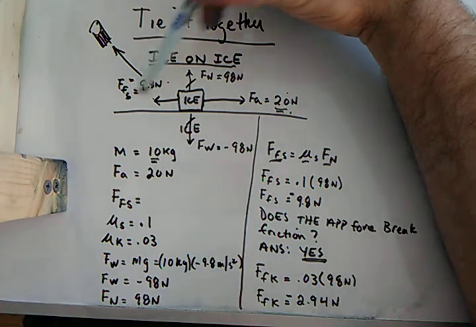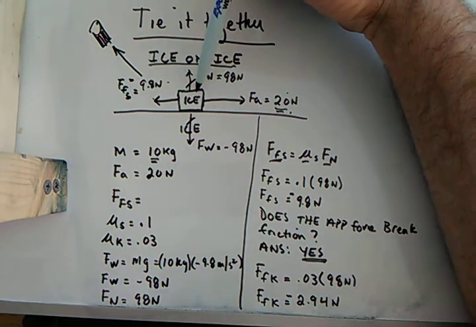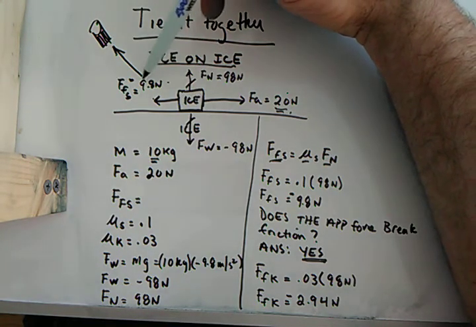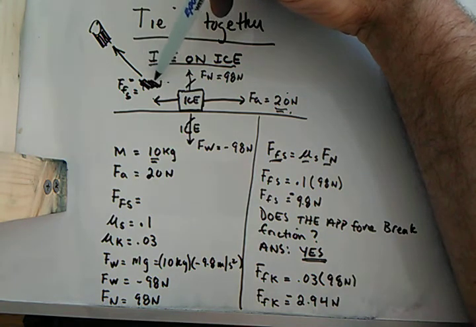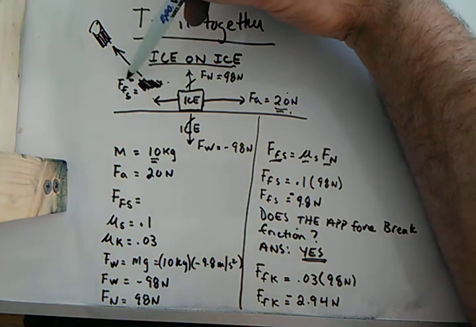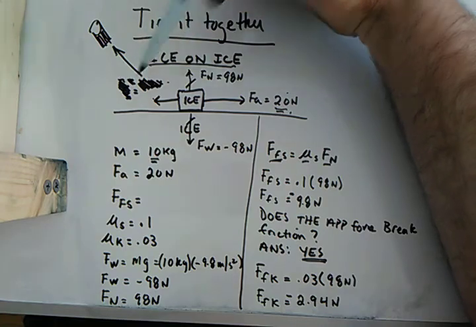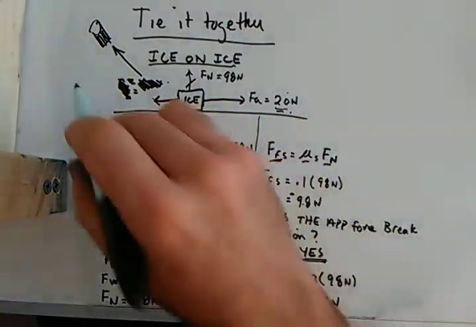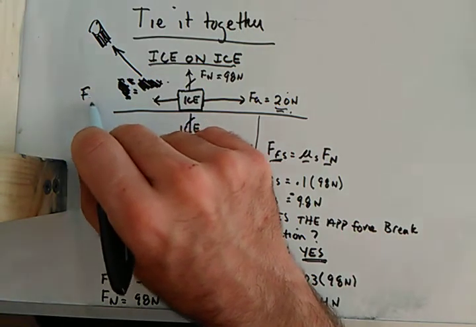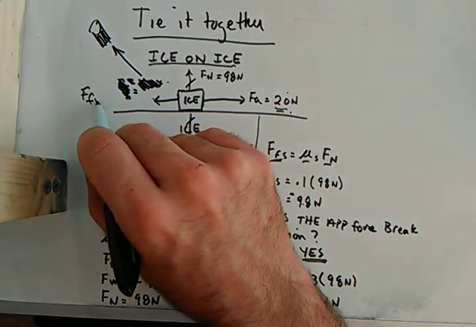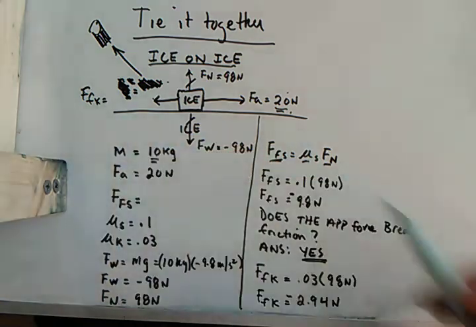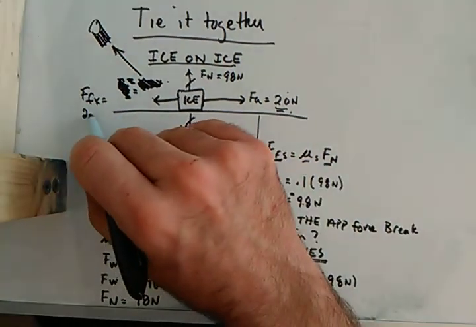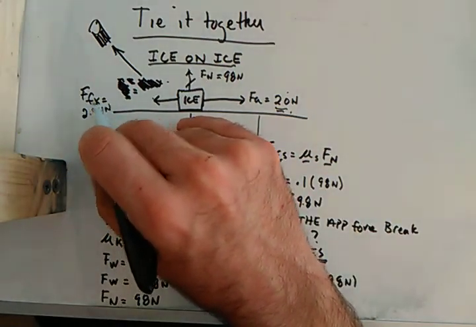Frictional force of static is now gone because it's not static anymore. It's moving. So now that the frictional force of static is trashed, the only thing I have left pulling backwards is my frictional force of kinetic, which is 2.94 newtons.